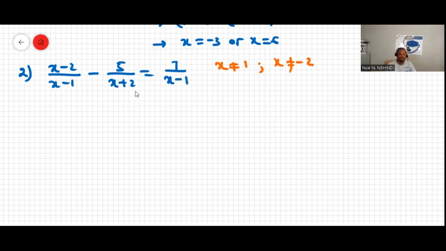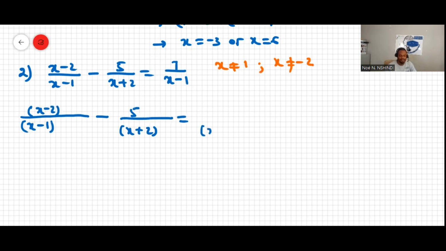Let's try to get a common denominator. Over here I have x minus 2 over x minus 1, and then there we have x plus 2, and then 5 is there, and there we have x minus 1 under 7.